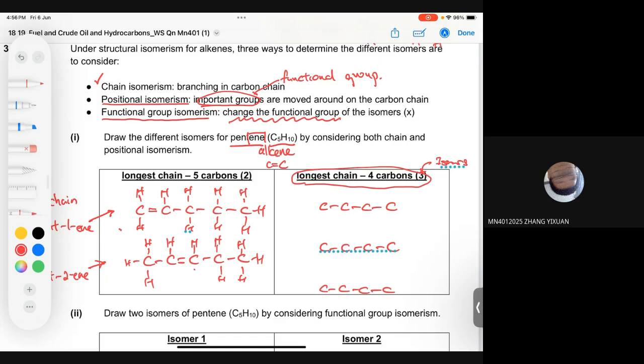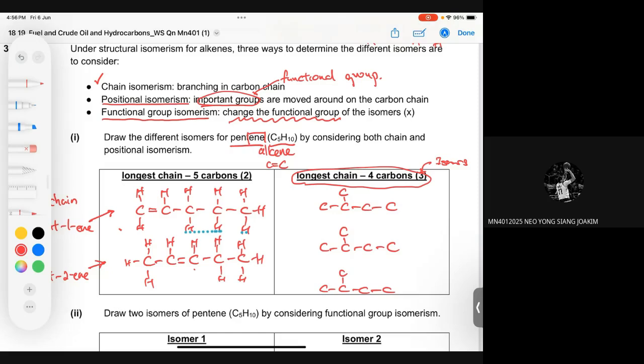Where can I branch it out from? The second or the third carbon. Actually, my question to you is, is branching out from the second and branching out from the third carbon the same thing? Yes, it is, because you can rotate. So let's branch it out from the second carbon. All right, let's all branch it out from the second carbon.